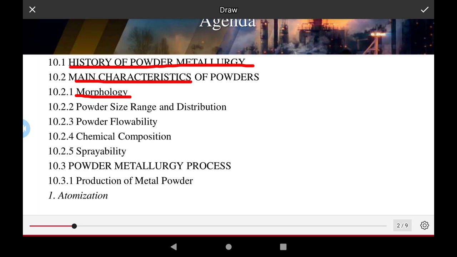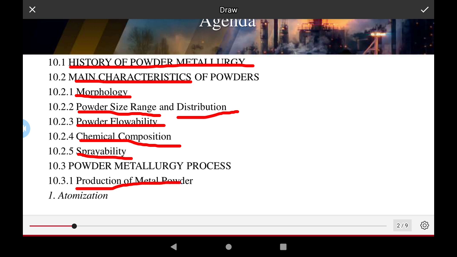First is the property of morphology, powder size, range of the distribution, powder flowability, chemical composition and sprayability. Then the powder metallurgy process, the production of metal powder and atomization. These topics are presented in this video in detail.